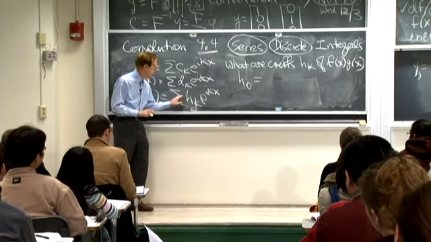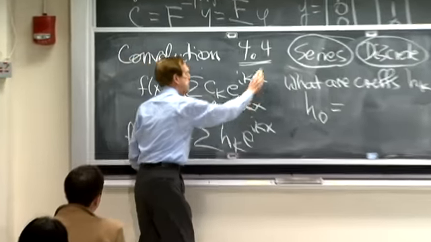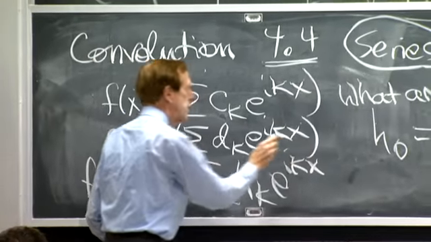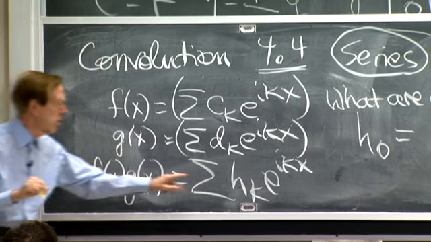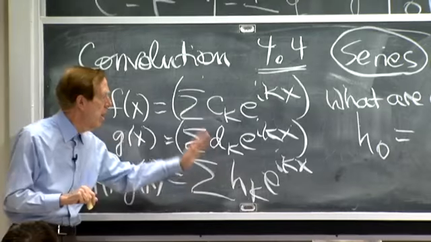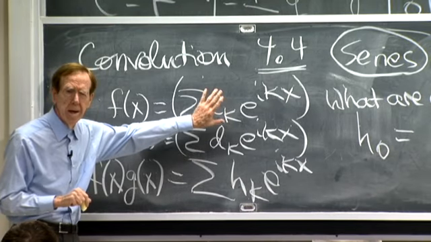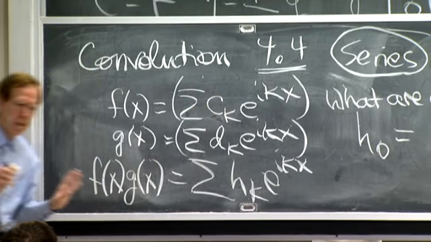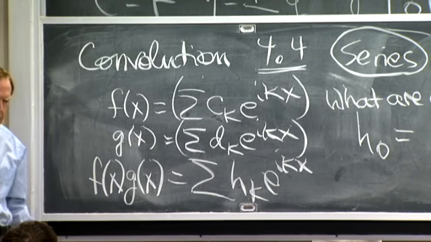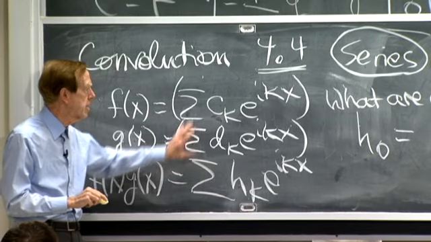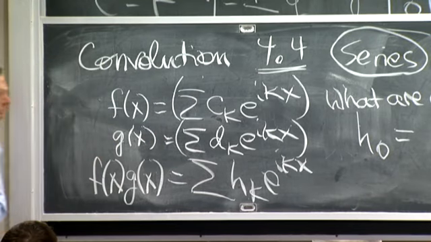What's the constant term? If I multiply this mess times this mess, and I look for the constant term, h0, where do I get constant terms when I multiply that by that? Just think about that. Where do I get a constant without an e to the ikx?